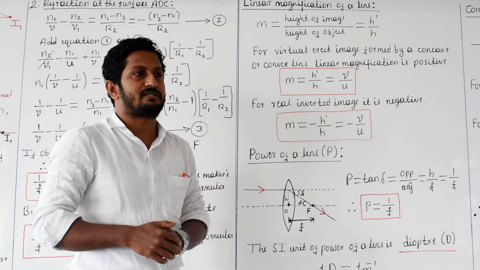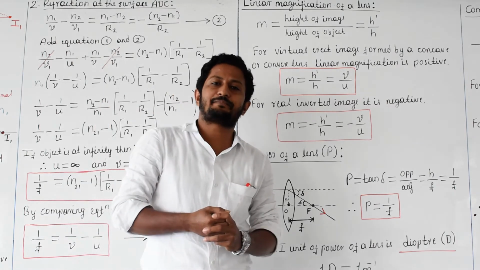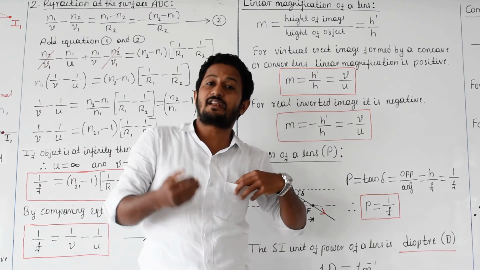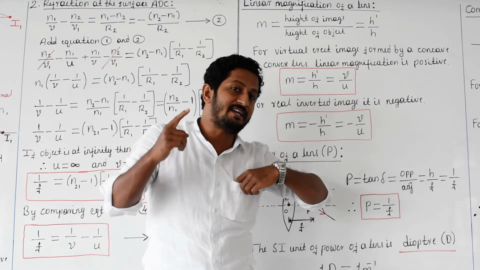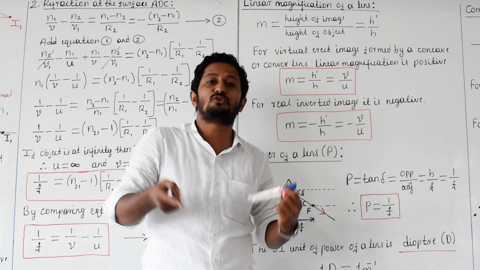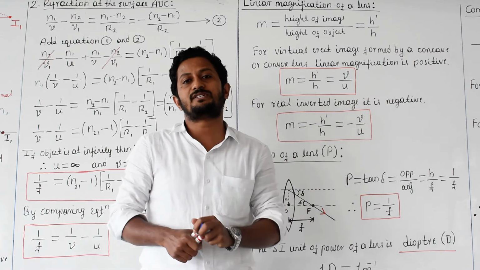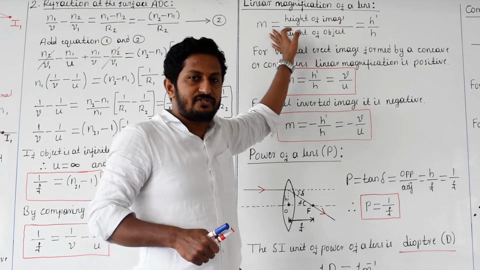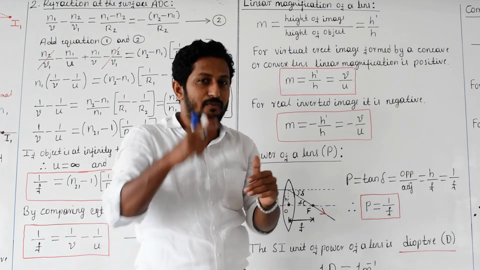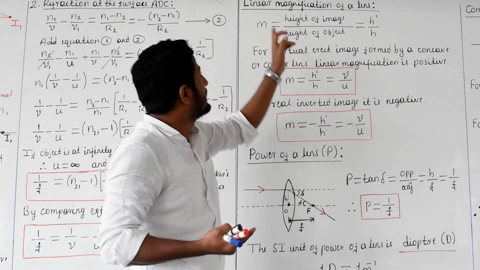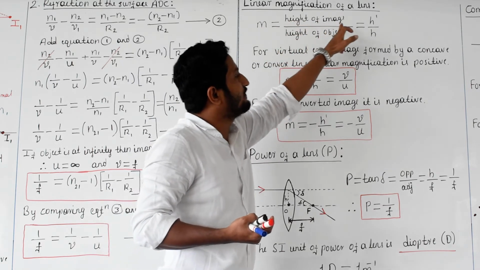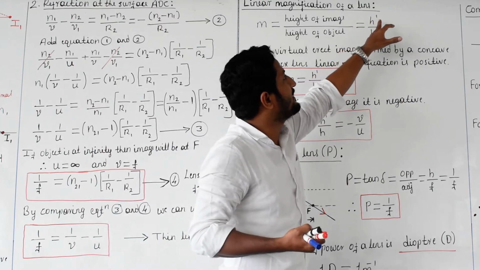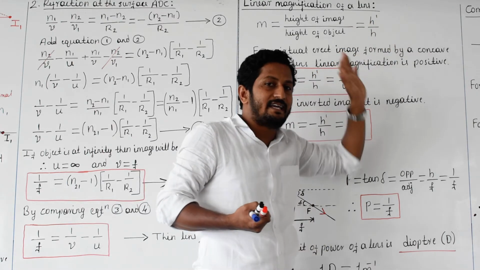Linear magnification. Already I said linear magnification means it is the ratio of the height of the image to the height of the object. I have written here that linear magnification we are going to represent with a small m symbol. M is equal to the height of the image to the height of the object, that is equal to h dash by h.